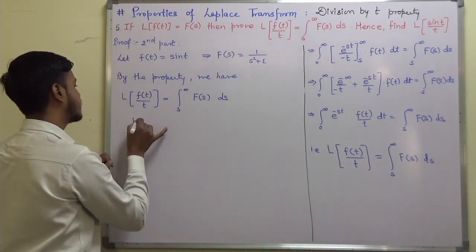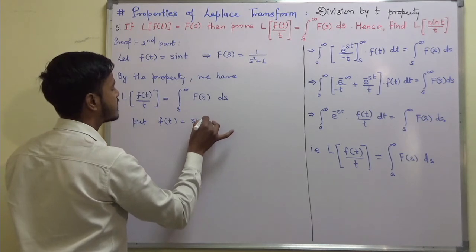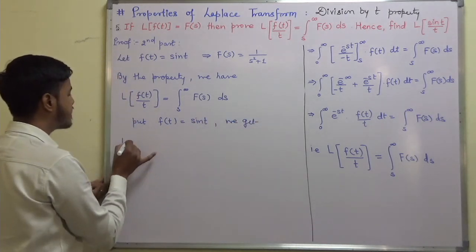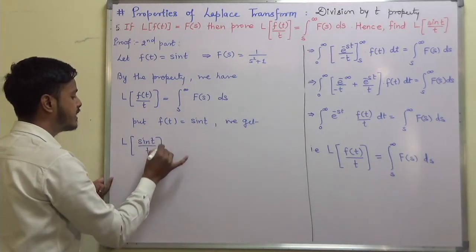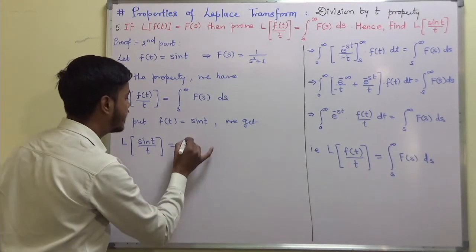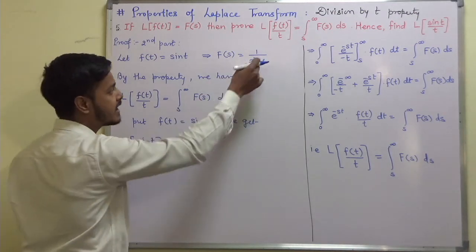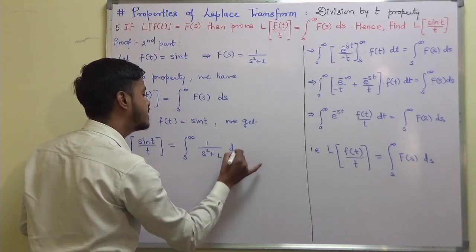So put f(t) is equal to sin t. We get Laplace transform of sin t upon t is equal to, what is f(s)? I have already found out. Integration s to infinity 1 upon s square plus 1 ds.